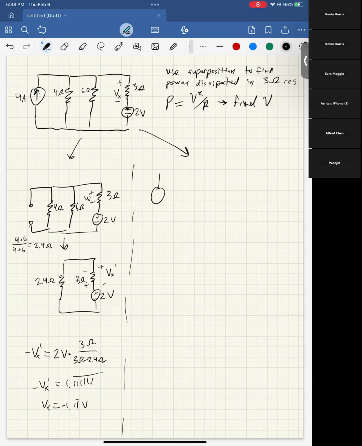Then for the other circuit, we leave that 4 amp source intact. I wrote the A before the 4.